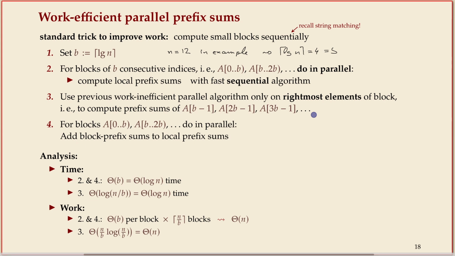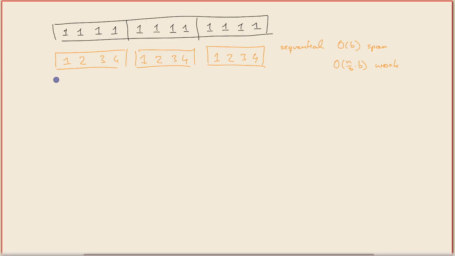Now we use the work inefficient algorithm that we've had before, but not on the entire input, only on the rightmost elements from each block. So I look at this subarray, and I'll draw it in the example just as a really fat array with only 3 entries.